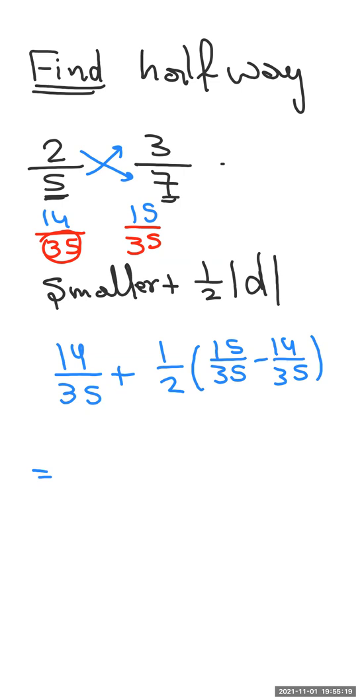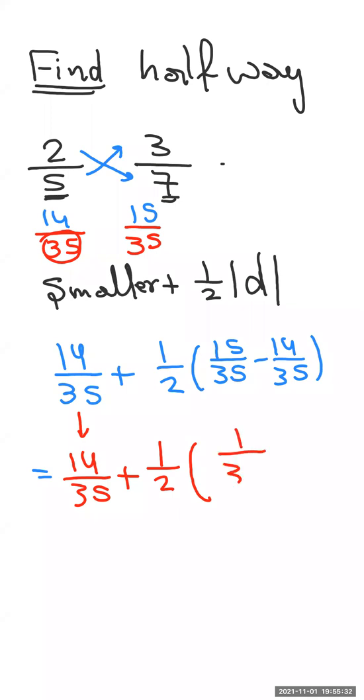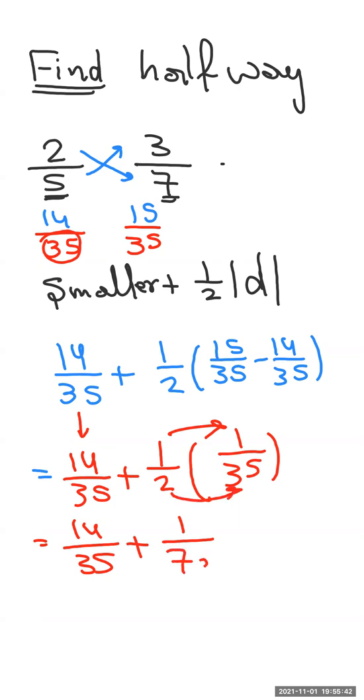So it will equal 14/35 plus half times the subtraction of these two fractions, 15 minus 14, which is 1/35. Then 14/35 plus 1 times 1 is 1, over 2 times 35 is 70. Unify the two denominators, 35 and 70. In this case it will always be the second denominator, so both denominators will be 70.